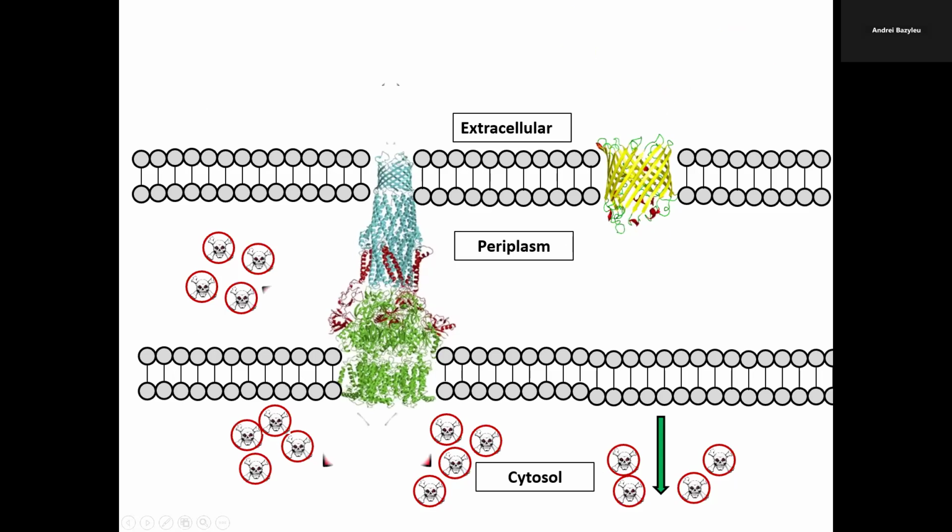The simple approach would be to preclude the antibiotic from getting inside of the cell, right? You just have to stop it so that it doesn't get in there. This can be achieved by some species, not always, by a very simple mechanism.